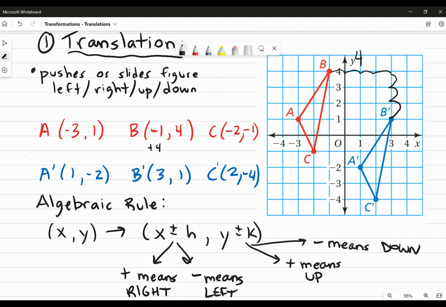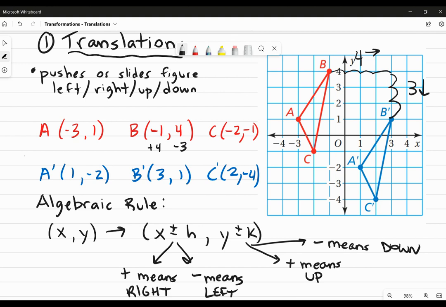So this was 4 to the right, and now it looks like we went 3 down. So I'm going to subtract 3 when you move down. So getting from B to B prime, I added 4 to the x value and I subtracted 3 from the y value.